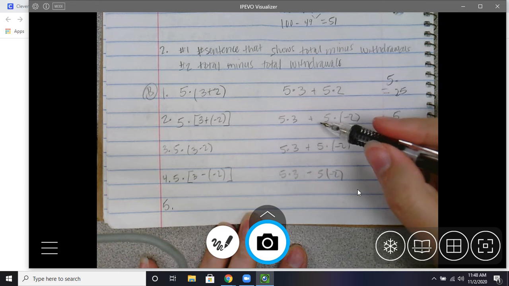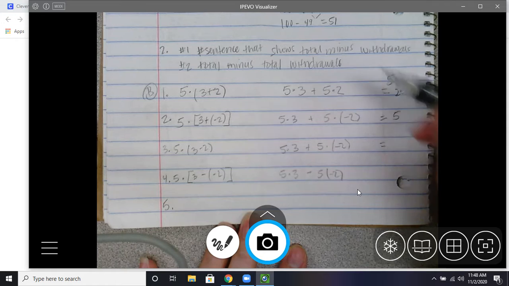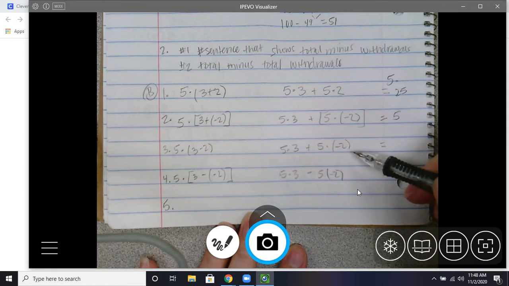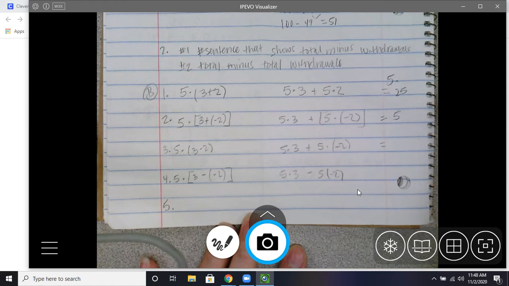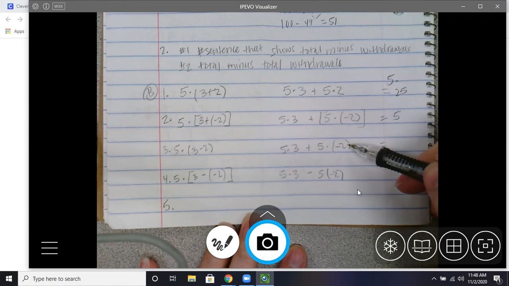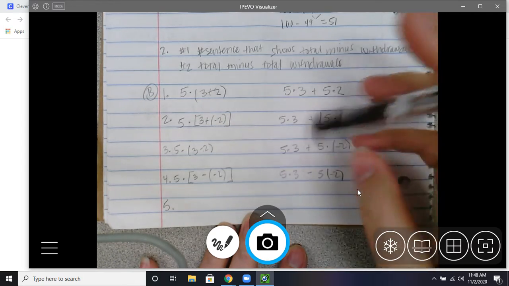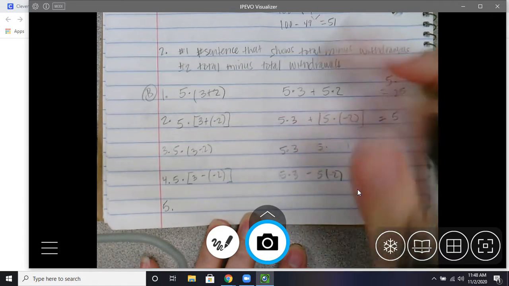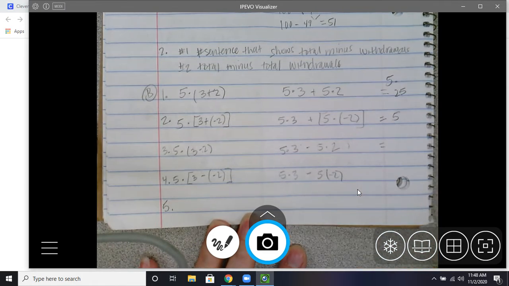Wait, did I do that right? Oh, I guess maybe I should have that on there. I think I technically wrote this one wrong because that's a minus, so that should be a minus right there. Yeah. I'm going to change that to that.